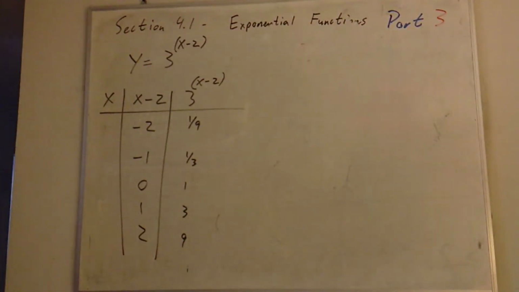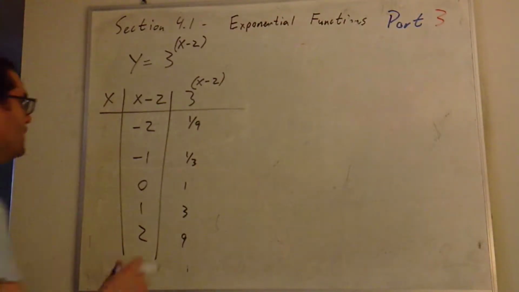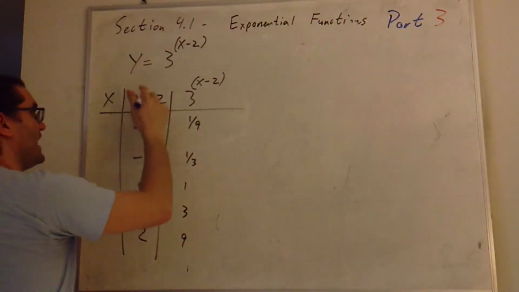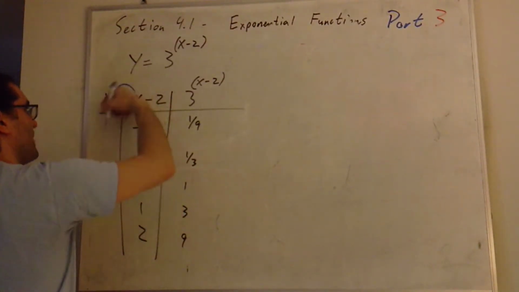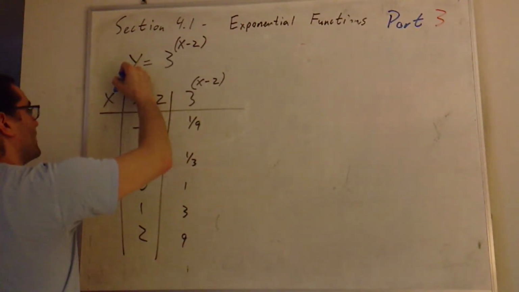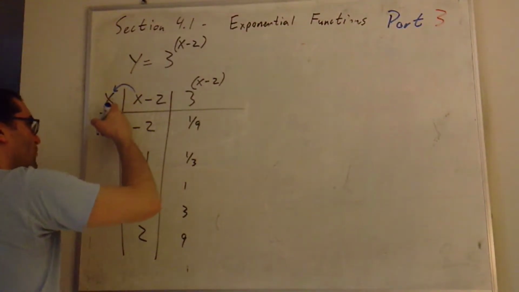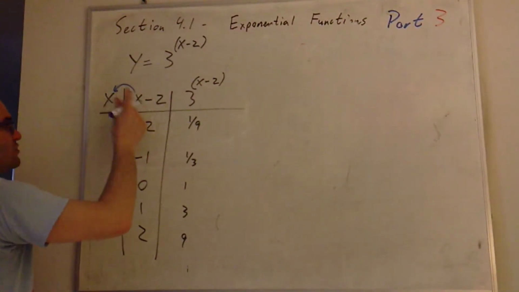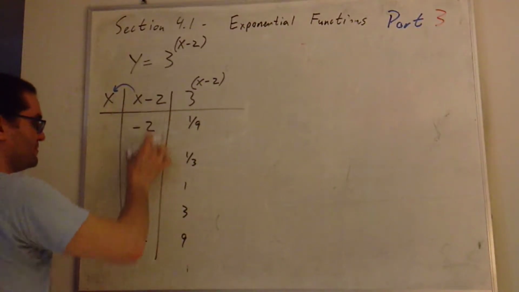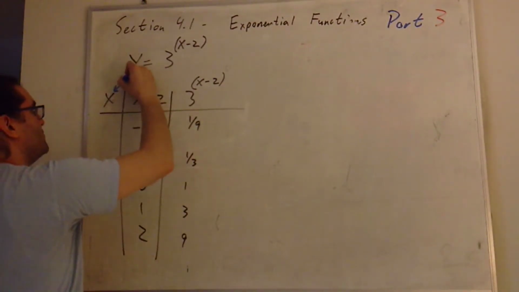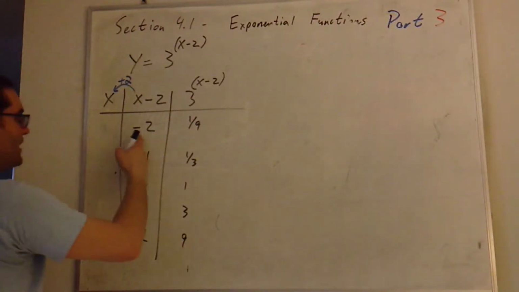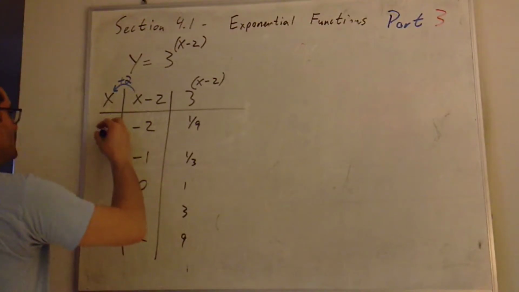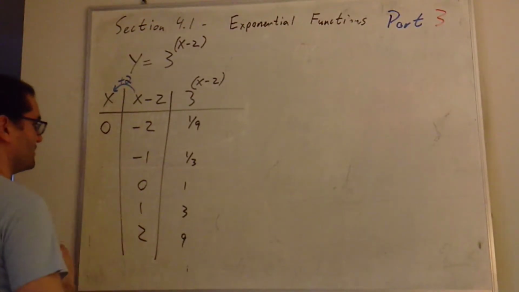Here's the weird part. I started with the x minus 2 column. So now if I want to get back to the x column to figure out what x originally was to create these values in the x minus 2 column, I have to move backwards and add 2. So if x minus 2 is negative 2, that means that x was originally 0.